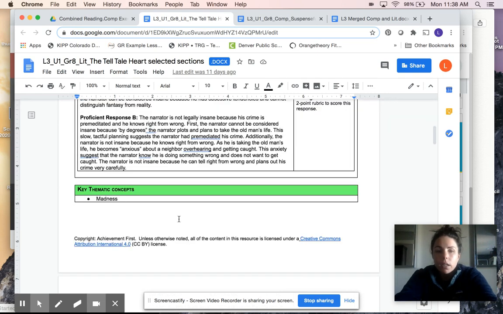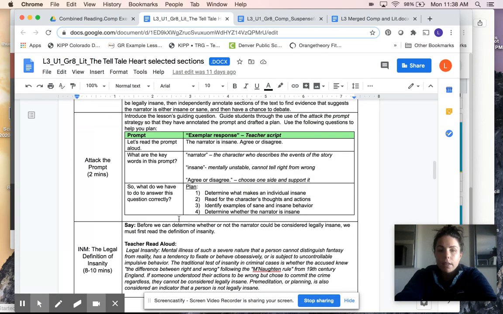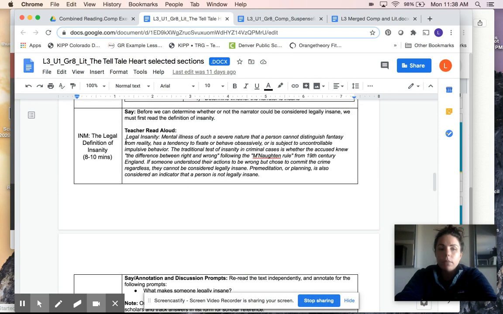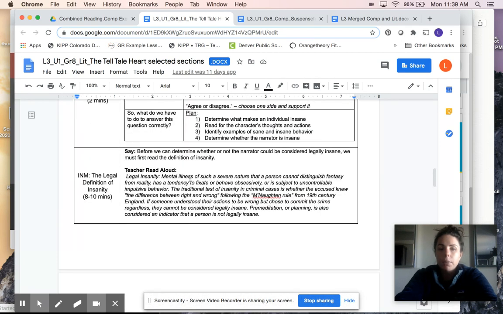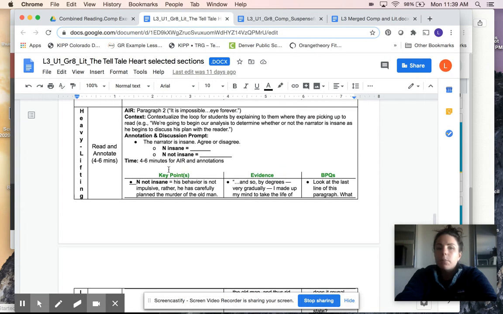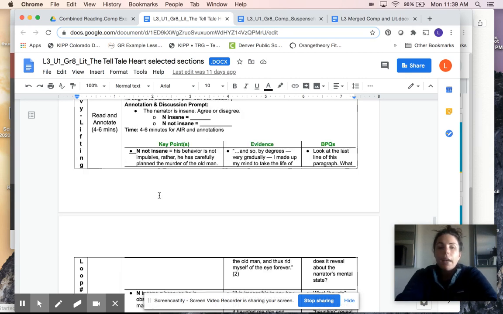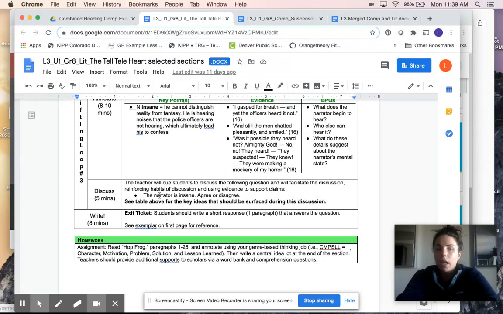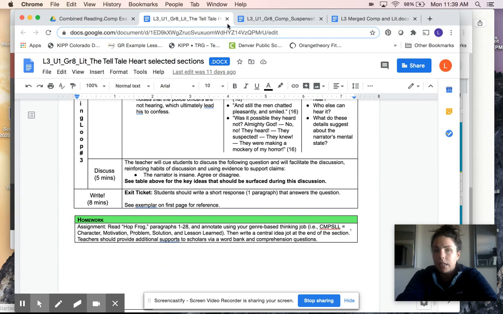Because when I started looking through at what kids were being asked to do, when I got to the more independent, more guided work, I guess, when I got to the reading annotation, kids were really asked to just find evidence for whether the narrator is insane or not insane. And then they kind of just went through that. And then, obviously there was more discussion, but then they just got to the exit ticket.